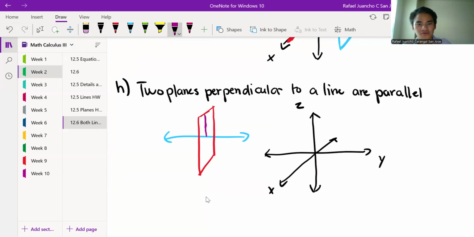If we were to connect this here, this is a perpendicular plane. Another plane would be like this. In this case, this is definitely true, but I don't know, there might be a case where it's false.